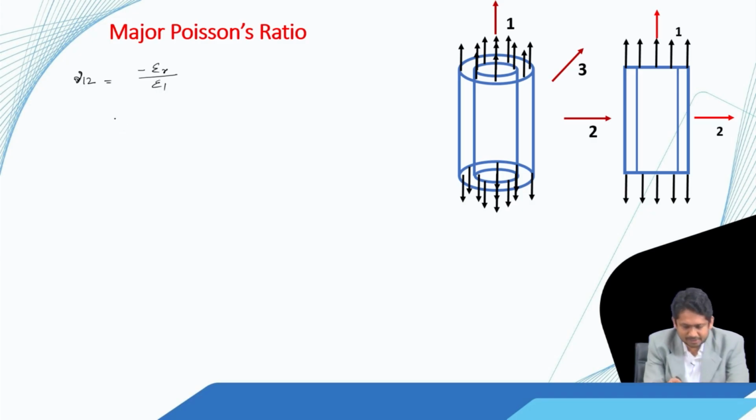Now, epsilon r, we have already done the solution. So, from this we already found out u and epsilon 1.